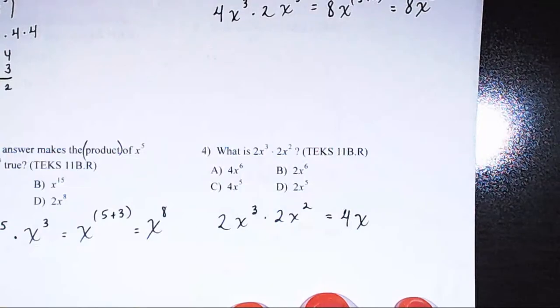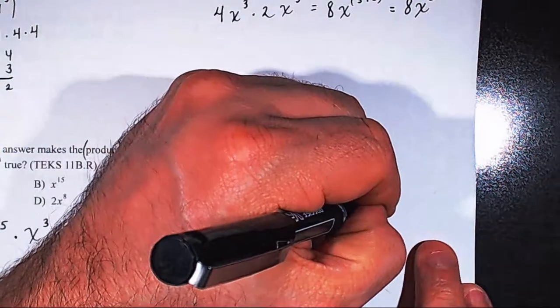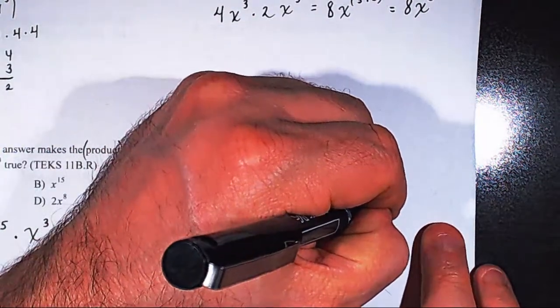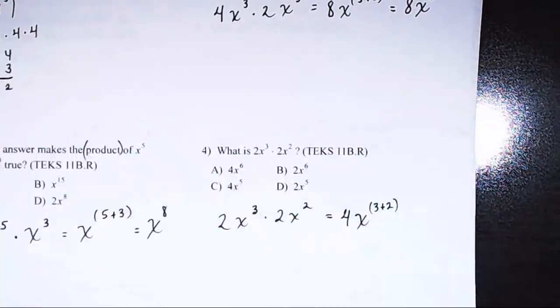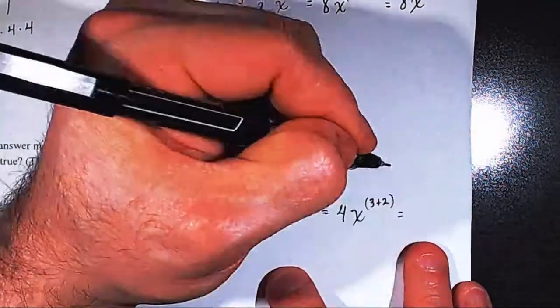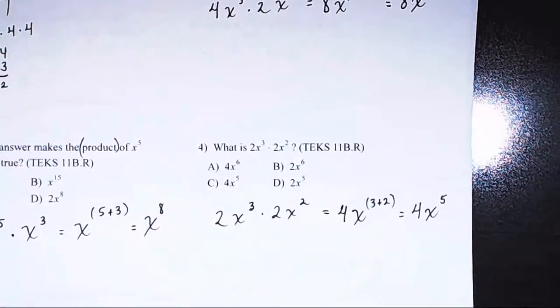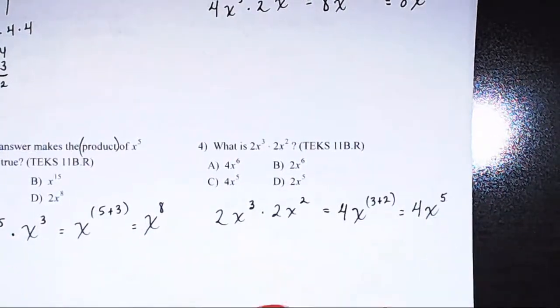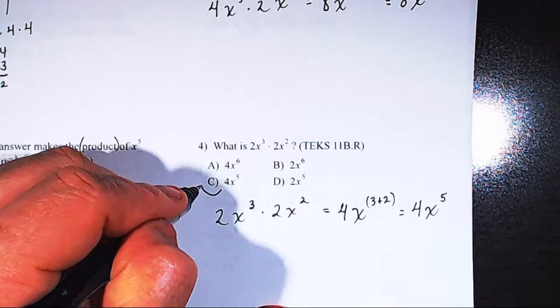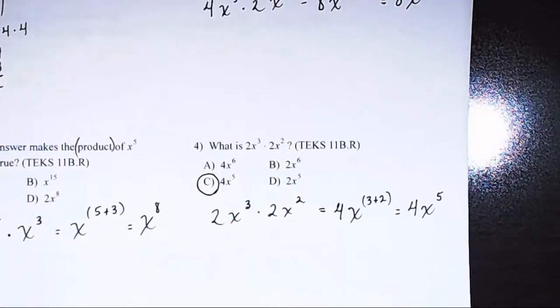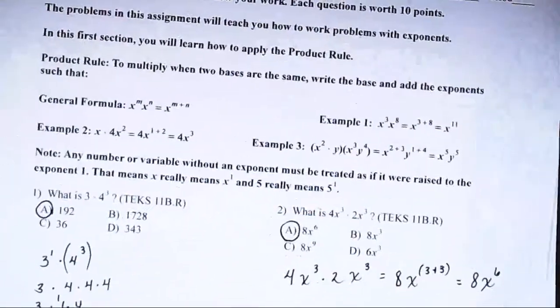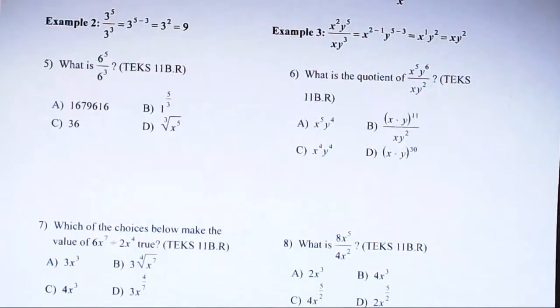So 3 plus 2 is 5. All right, so I'll just continue the tradition here. 3 plus 2, which gives us 4x raised to the 5th power. So 4x raised to the 5th power is answer choice C. All right, we're just humming right along.